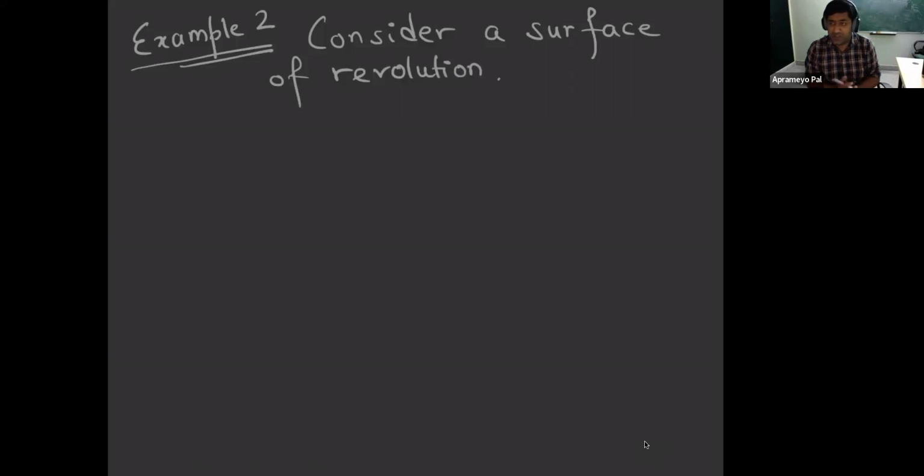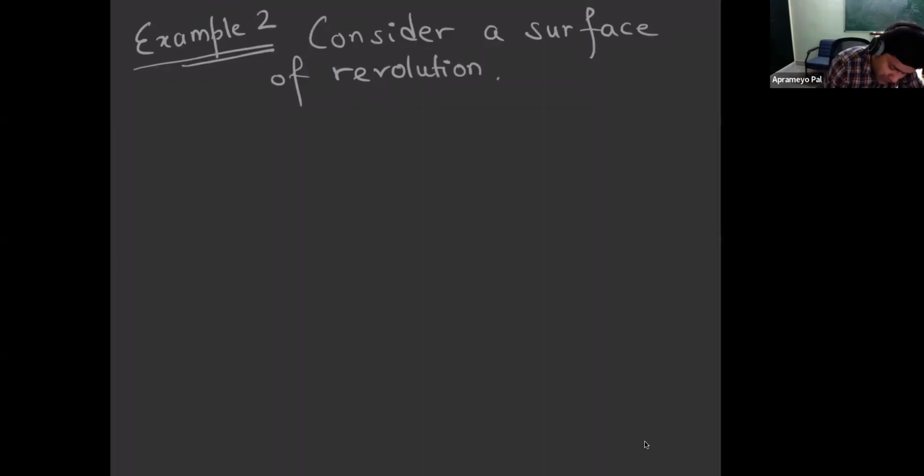You know what a surface of revolution is, right? You take a curve and rotate it around an axis, and you can find many different examples like cylinder, sphere. Many things are actually special cases of this.